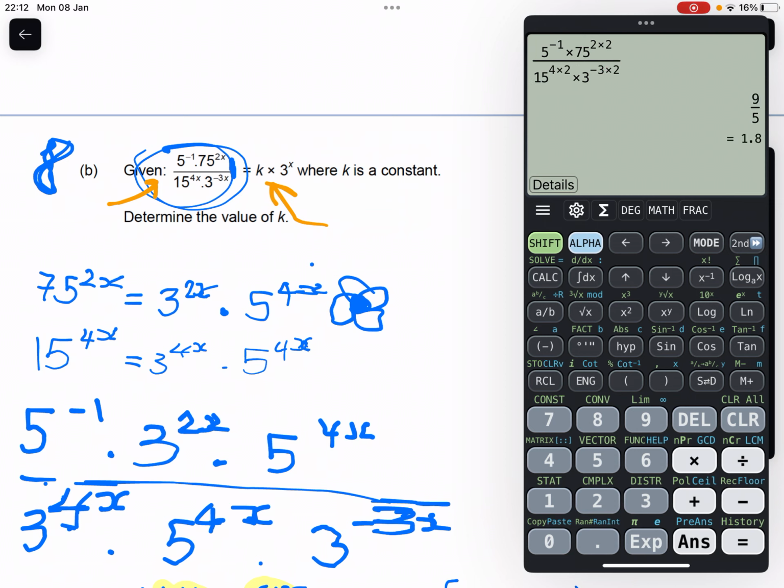So wherever I see an x, I've just put in this number that I dreamt up, which was 2, right? And we see that that evaluates to 1.8 or 9 over 5. So let's hold on to that answer.